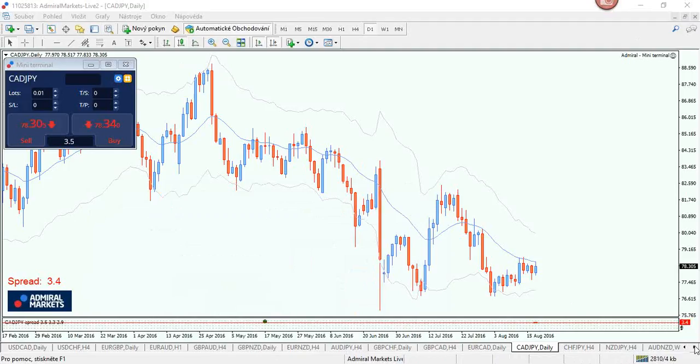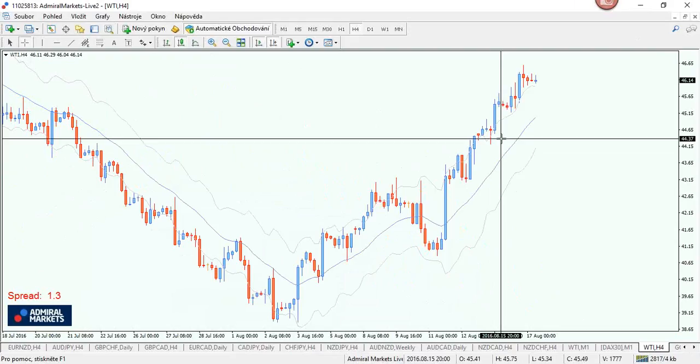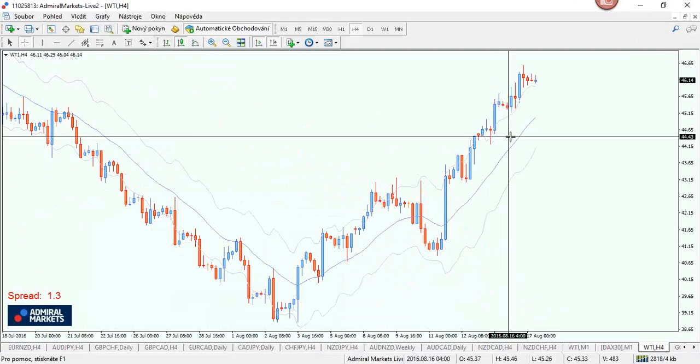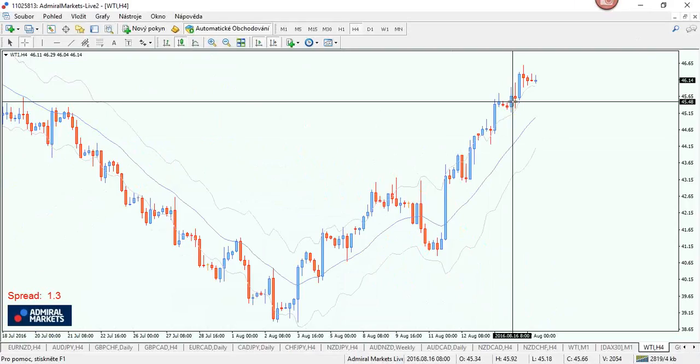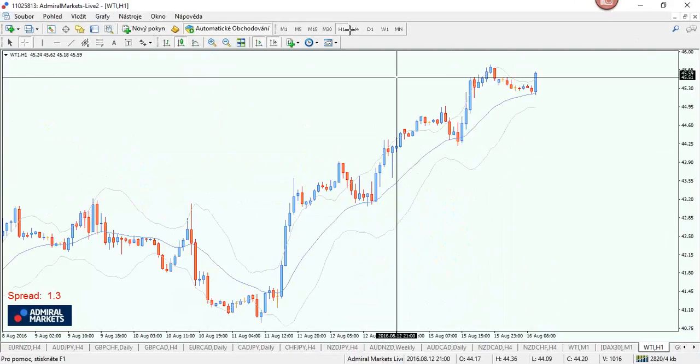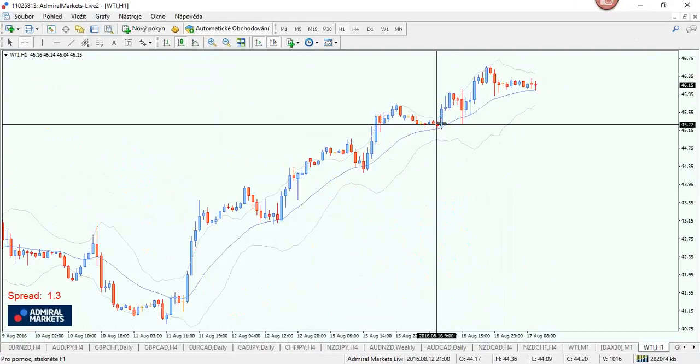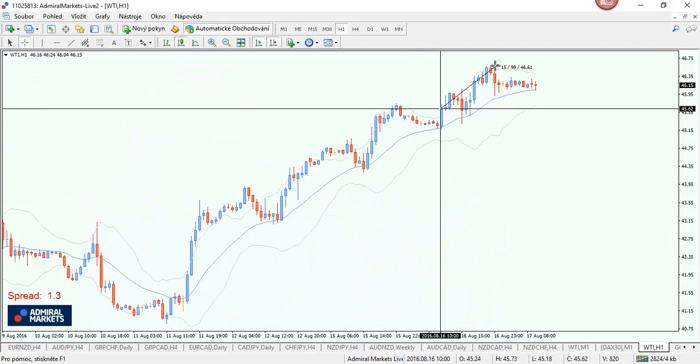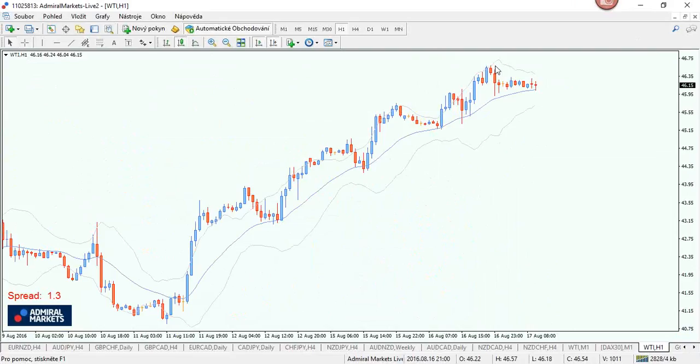So let's take a look maybe quickly at some of these commodities. I think oil was here yesterday, and there was a continuation breakout for another dollar, I would say, on oil.